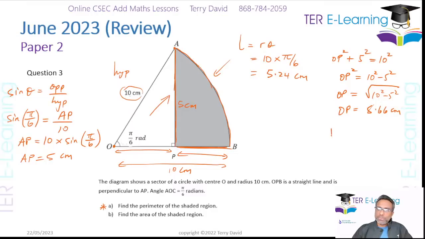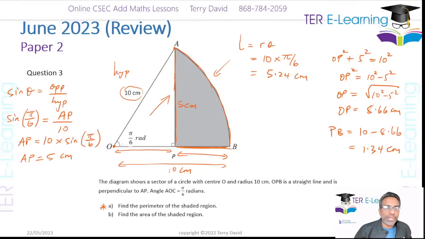But PB now is going to be 10 minus 8.66, and you're going to get 1.34. Right? So, in terms of finding the perimeter of the shaded region, there were 3 lengths that we needed to work out. We needed this curved piece here.